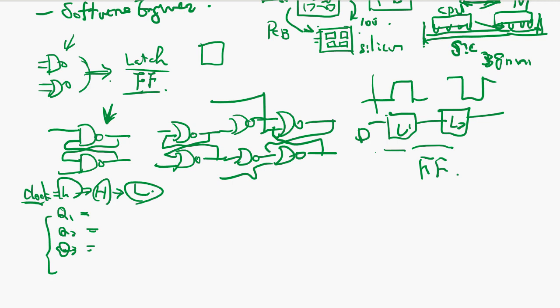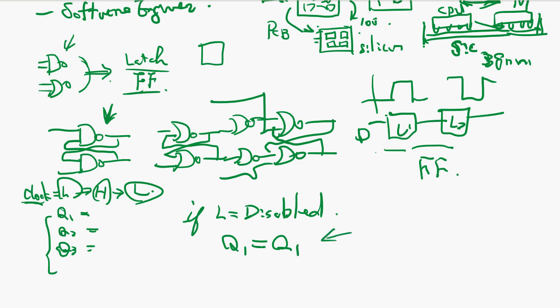And when you have a statement like: if the latch is disabled, then Q1 stays the same.